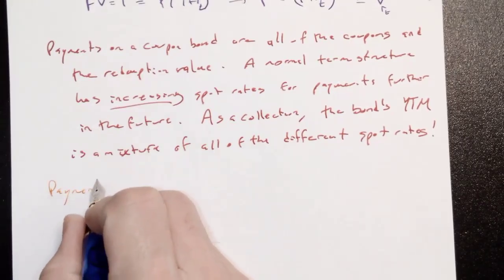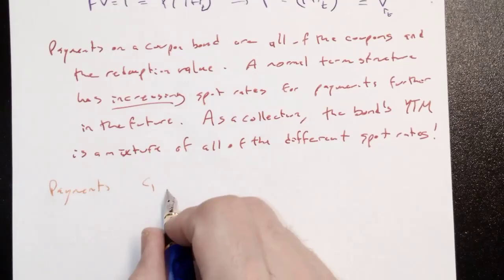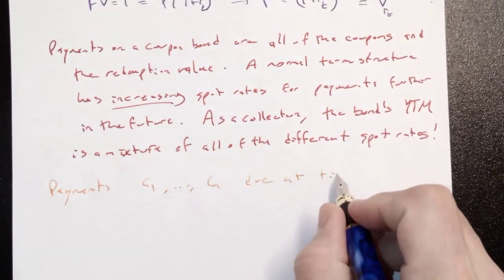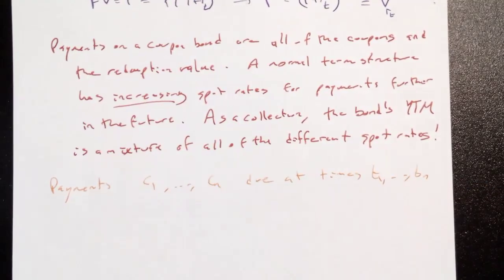Payments C1 through Cn due at times T1 to Tn respectively. Now, these can be positive or negative, right? If we're thinking of cash flow. But if I'm thinking of a bond, they're all payments to me, so they'd all be positive.